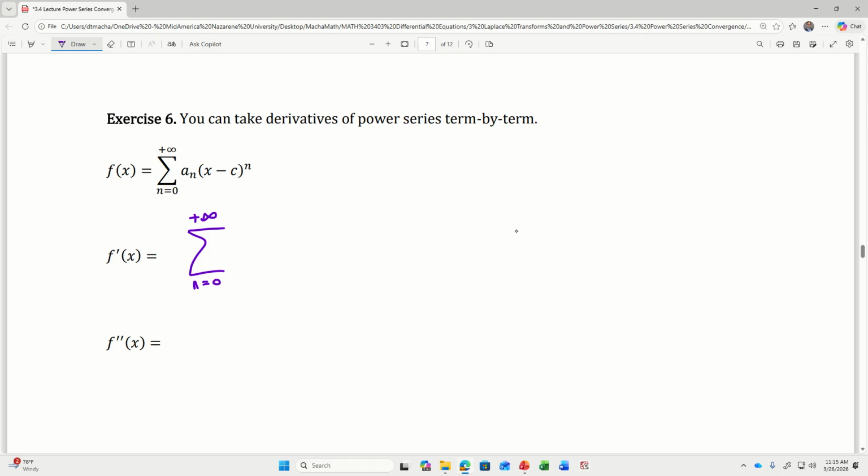So you bring down the n, you keep the an because it's a constant multiple, and I would have x minus c raised to the power n minus 1.